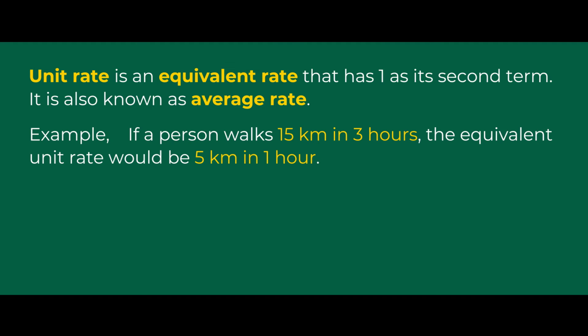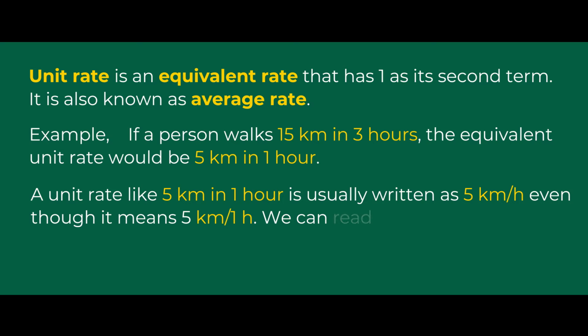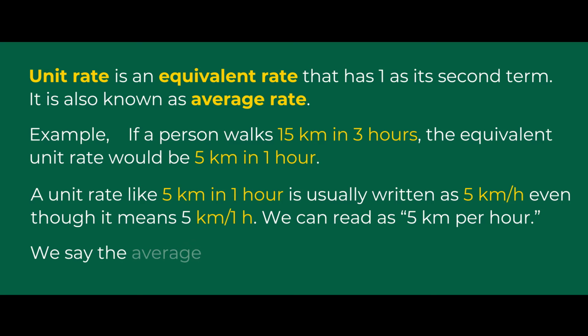A unit rate like 5 kilometers in 1 hour is usually written as 5 km per hour. Even though it means 5 kilometers in 1 hour, we can also read as 5 kilometers per hour. We say the average rate is 5 kilometers per hour.